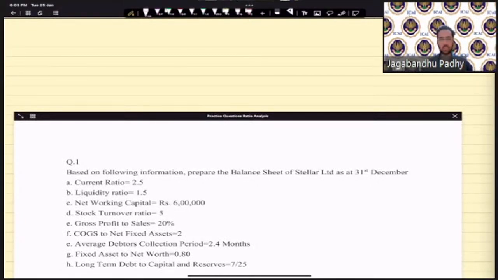If you want, you can take a screenshot of it so that you can refer to it again and again. After completing this question, I'll take up the practice problems which you will be highlighting.